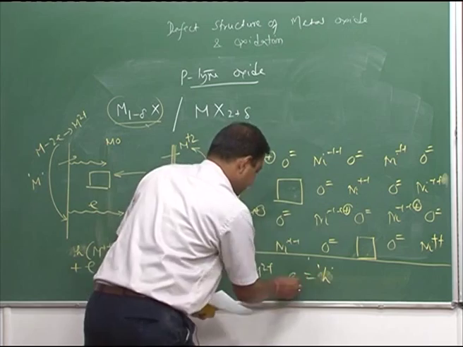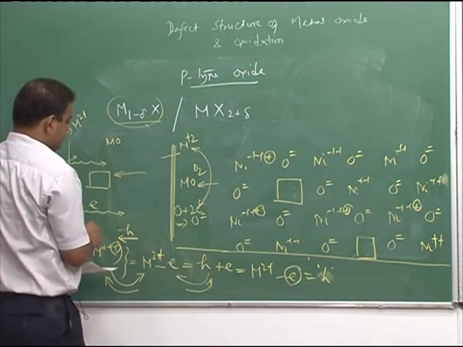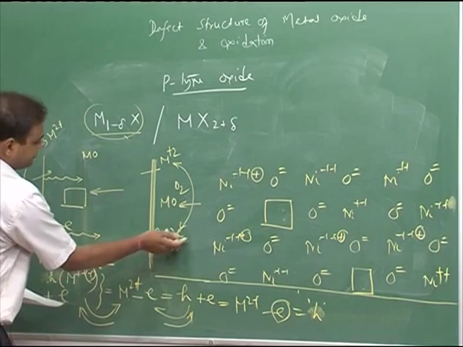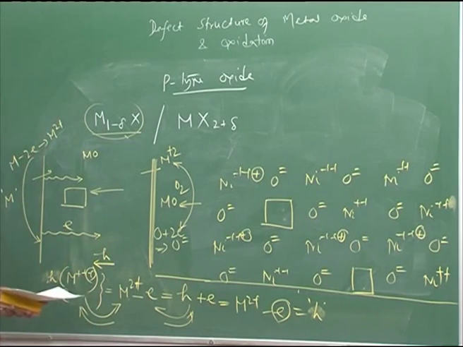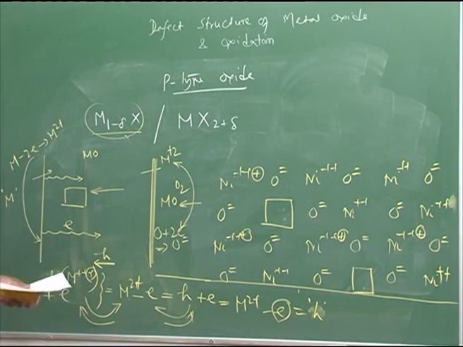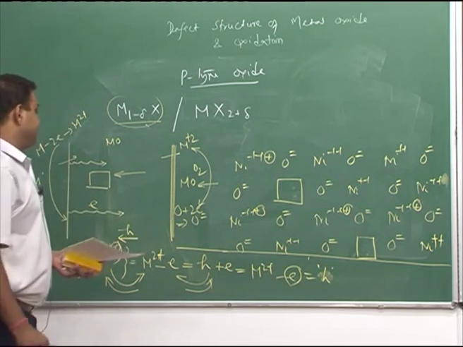So, this electron is on this surface, and gradually more and more electrons come to this surface, which will favor this reaction, the cathodic reaction. So, the oxide growth is taking place here.